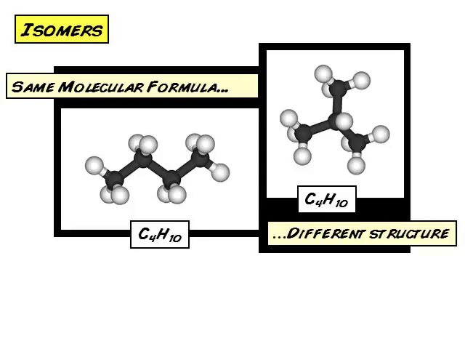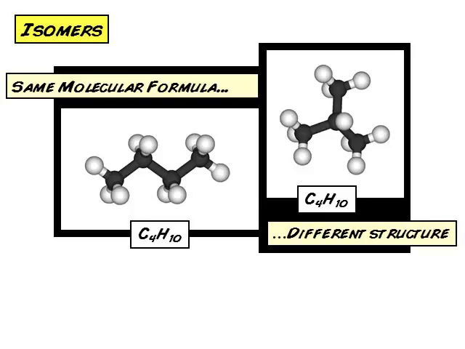It's possible to have the same molecular formula but a different structure. Molecules with the same molecular formula but different structure are called isomers. On the left here we see a molecule in which the 4 carbon atoms are arranged in a single line. These are the black spheres. On the right we see a molecule in which the 4 carbon atoms are not arranged in a line.